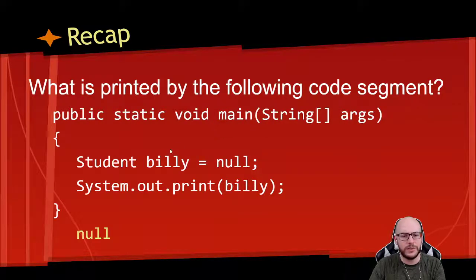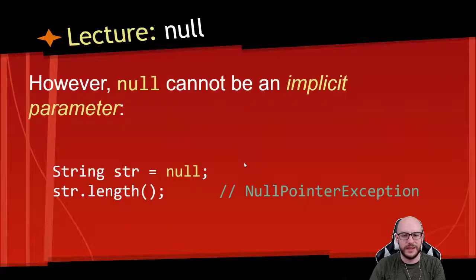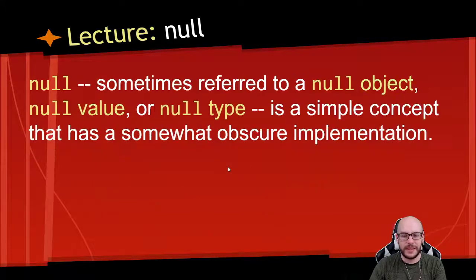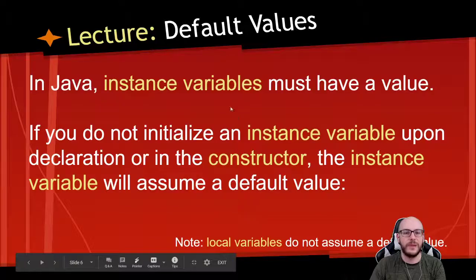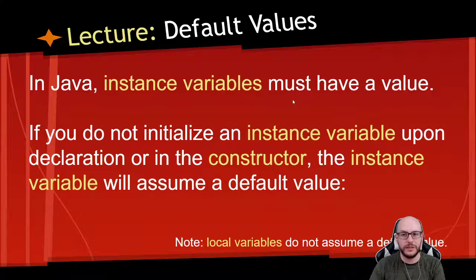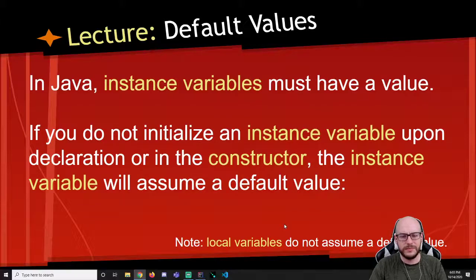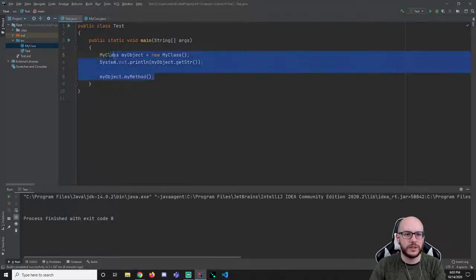Maybe I didn't quite show this one. If this was subtle, let's back it up here. I just realized what my question was asking there. So when we were on this slide, we were saying instance variables must have a value. Local variables do not assume a default value. I should clarify that. Let's jump over to our little tester class.